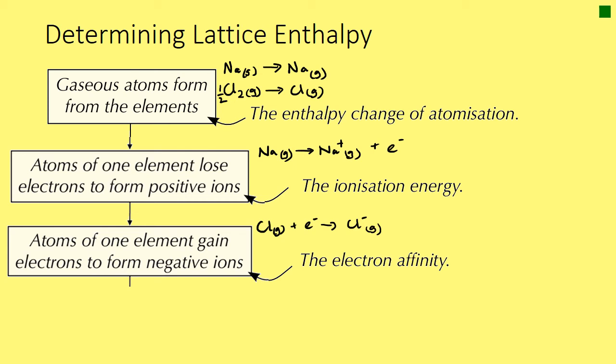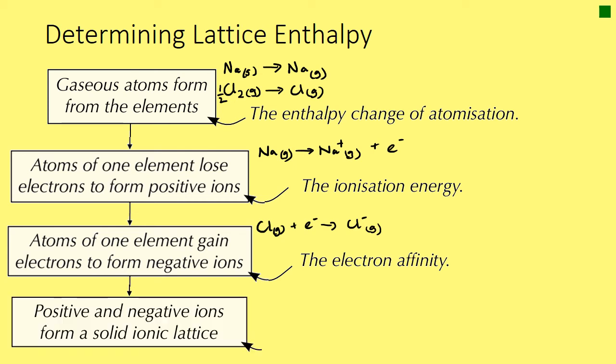Okay, the fourth and final step is actually our lattice enthalpy, and so we've now got a positive ion and a negative ion. Our positive ion, of course, is our sodium ion, and our negative ion is our chloride ion, both gaseous, of course. And we let them form their solid ionic lattice, and in this case give out their energy.